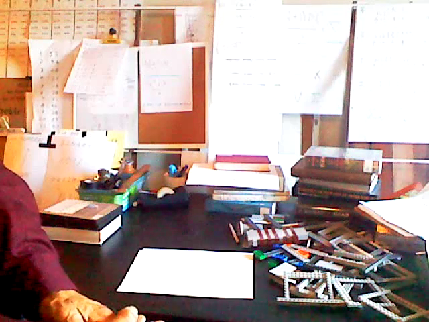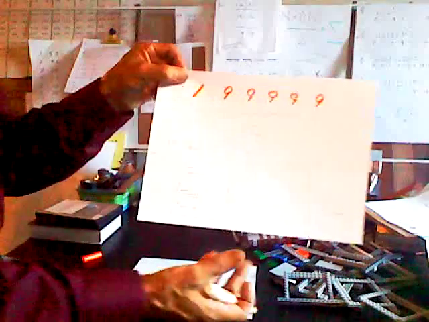But the point I'm making is that, and I'll have to do this right now and show you, that we have a 1 and a bunch of 9s. There's an example of that right there.